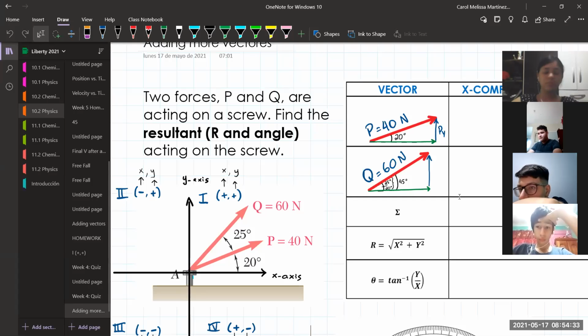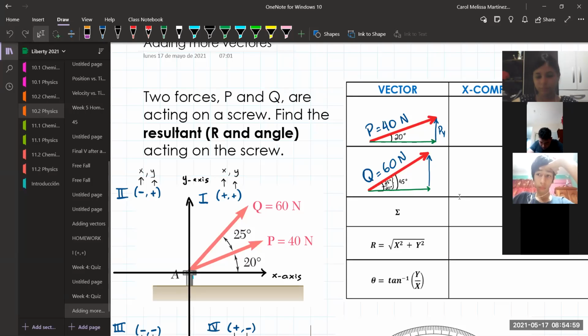Now, let me ask you something. How is the side PY according to my angle? Is it adjacent or is it opposite? Opposite. It is opposite. So you go to the y component and write PY is opposite to my angle.